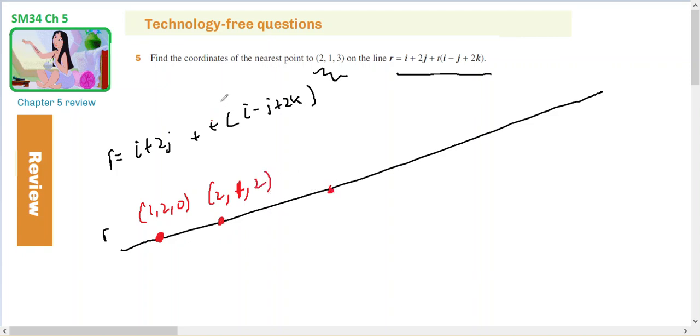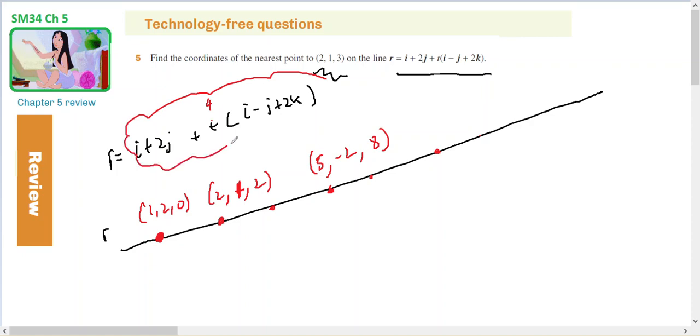There's another point, for instance, when t equals 4, it's 4i plus i, so it's 5 in the i, minus 4j plus 2 is minus 2 in the j, and 8 in the k, is also on this line. So the equation covers all points on the line for different proportions of t. Now this bit here, the d bit, is the direction of the line, and it's i minus j plus 2k.